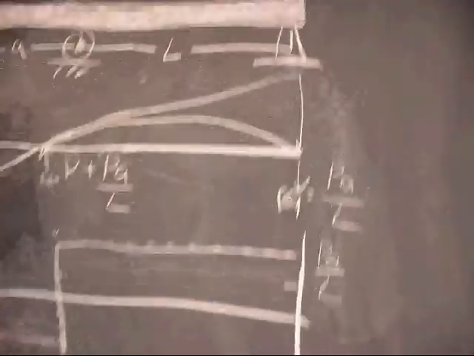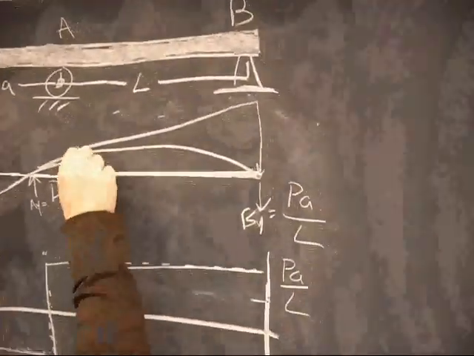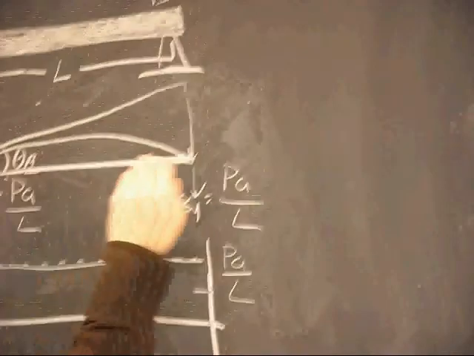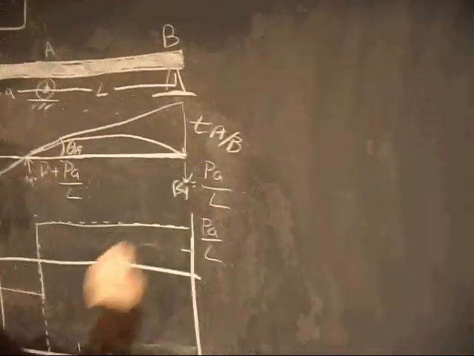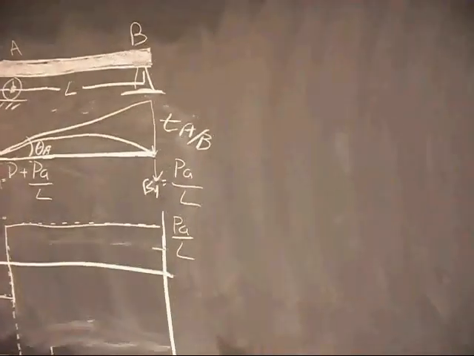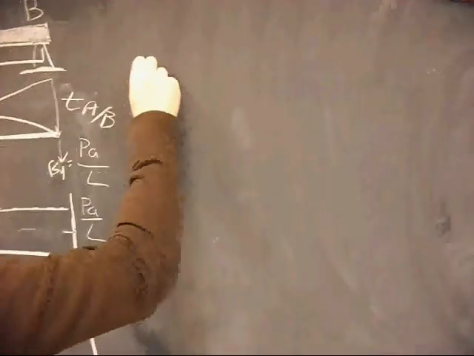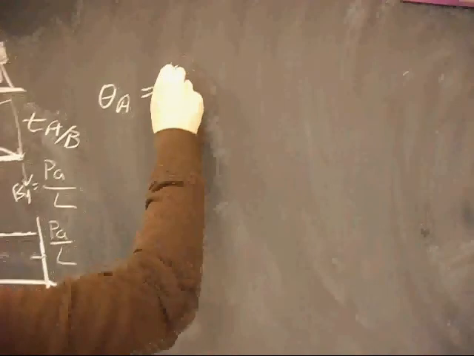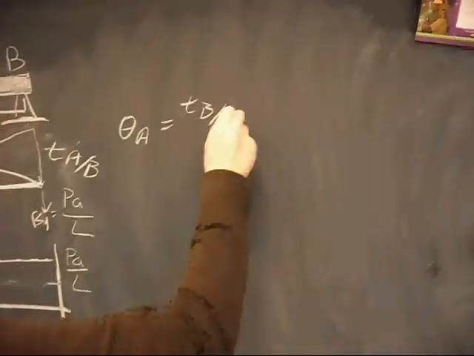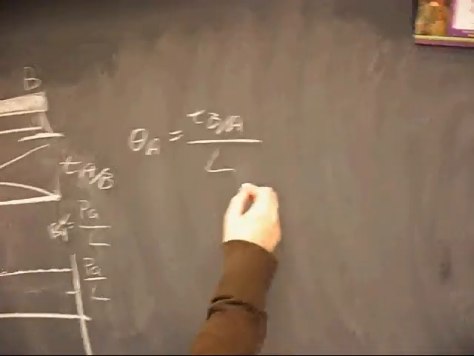But we do know that the length between A and B times theta A is equal to T of A slash B. Now, if you want to just do the math over here, that eventually sums up to theta A equals T of B slash A divided by L, which makes the hardest part of this problem just finding T of B slash A.